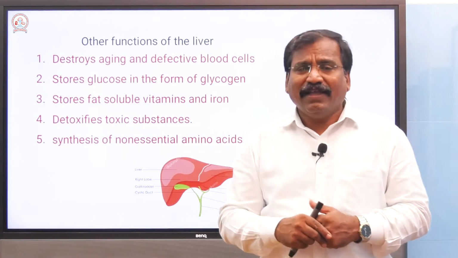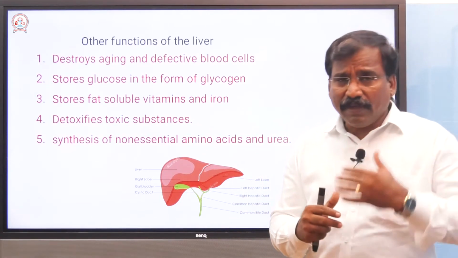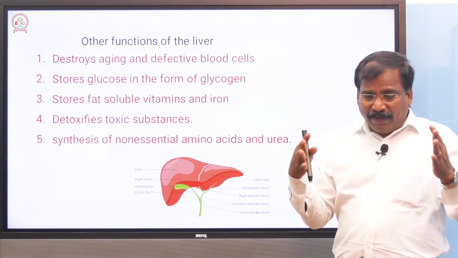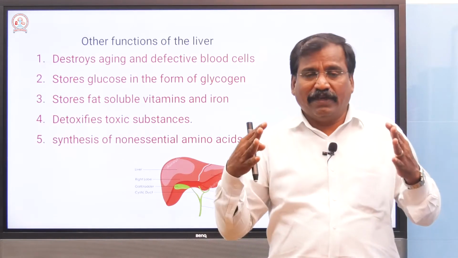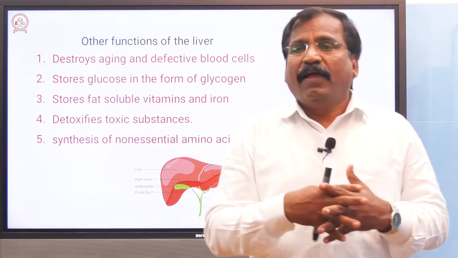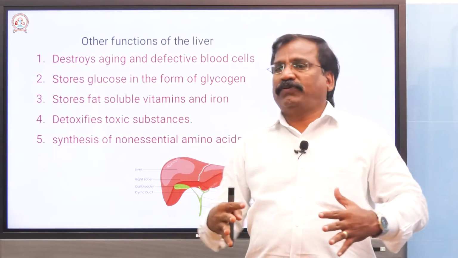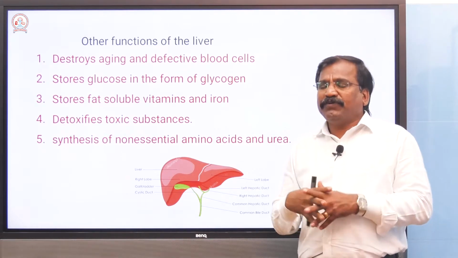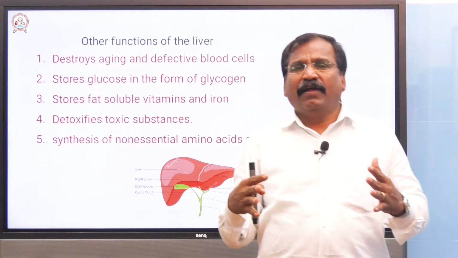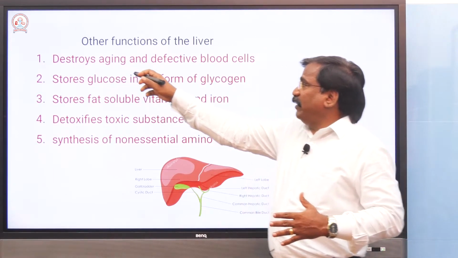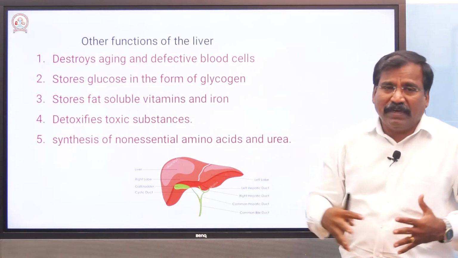These are the other functions of the liver. Mainly, it is an exocrine, digestive gland that secretes bile juice. Apart from secretion of bile juice, it also performs certain functions. It destroys the aging and defective blood cells.